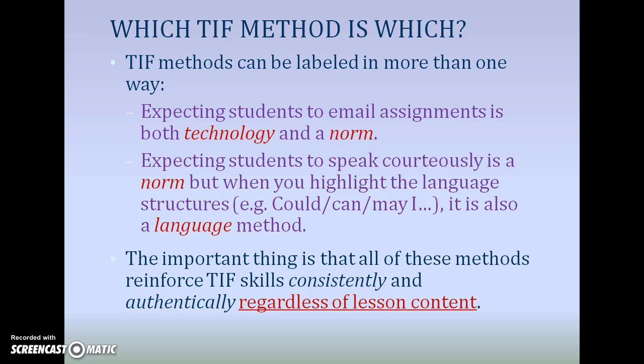So for example, expecting students to email assignments is both technology and a norm. If you are at a higher level class and your students need to email assignments into you, and this is a norm that you are expecting of students, then they are using both norms and technology.